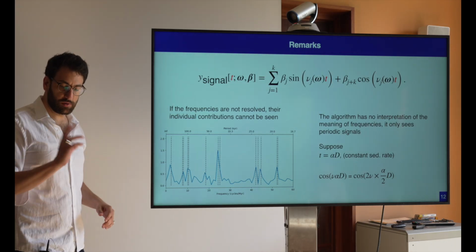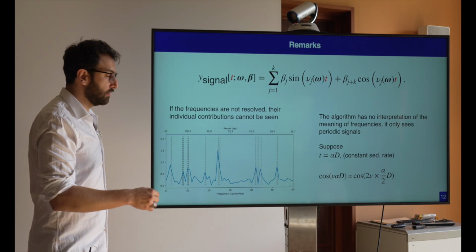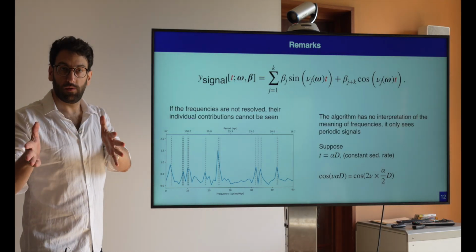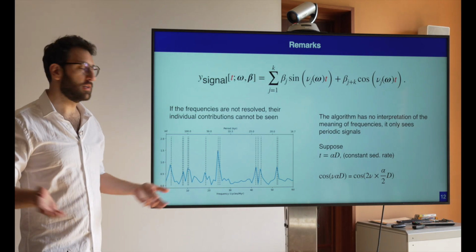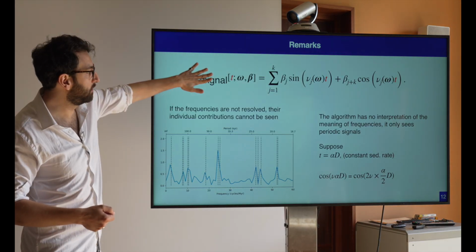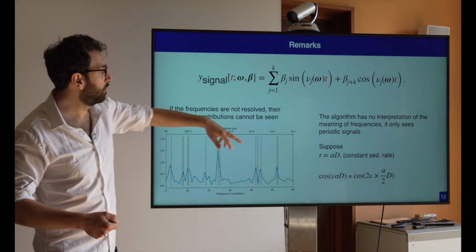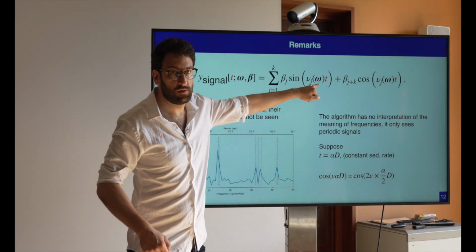I want to make just a couple of points about this. You have names for the frequencies and interpretations, precession, obliquity, and so on. But what the algorithm sees is this. The fact that this is called precession, obliquity, or whatever, the algorithm doesn't know it.